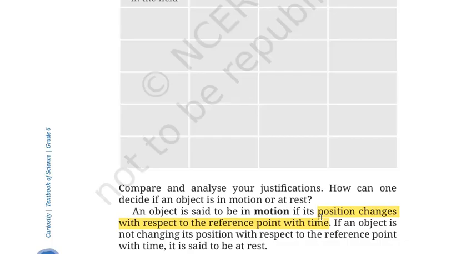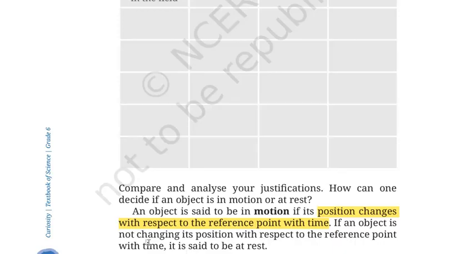The person looks at the car and then at the tree. The person sees that the tree is at rest, it's not changing position, whereas the car is changing its position with respect to the tree. So obviously the car is in motion according to the person standing at the bus stop. I will explain it to you in detail, don't worry. Let us first go through it and then discuss it in detail.